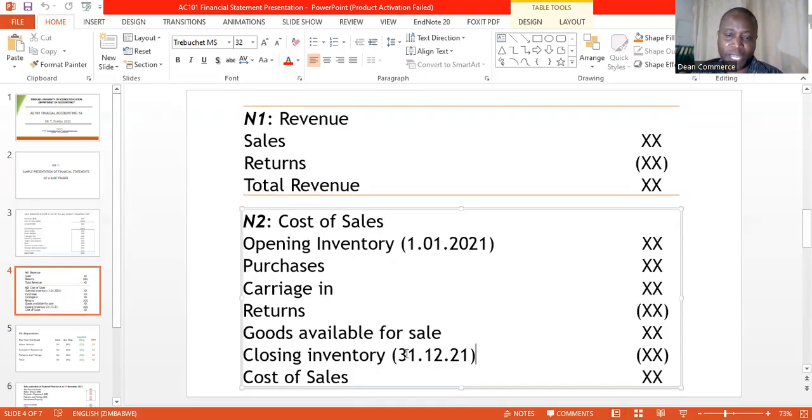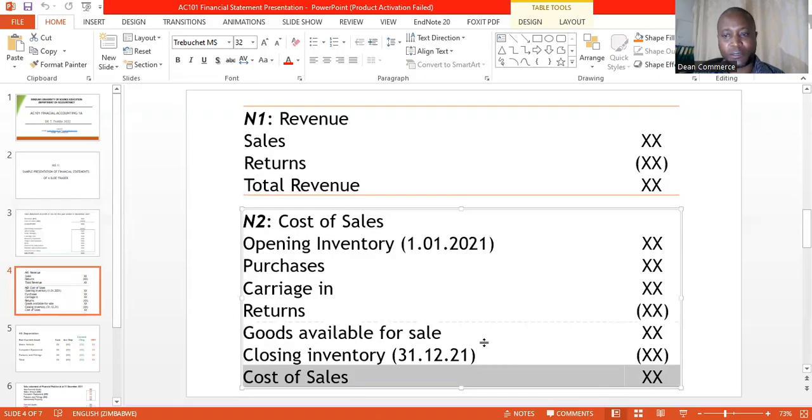This is the inventory we had at the end of the trading period. If we deduct it from the goods available for sale, we then get the cost of goods that were sold.